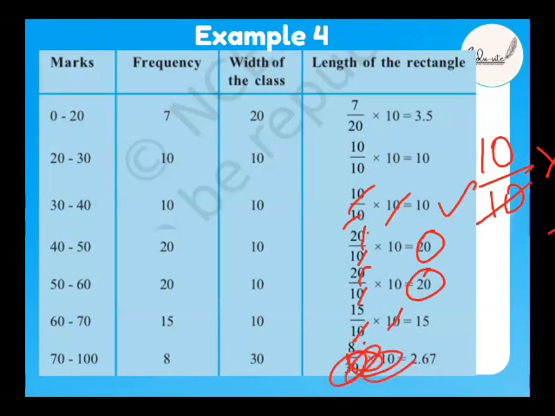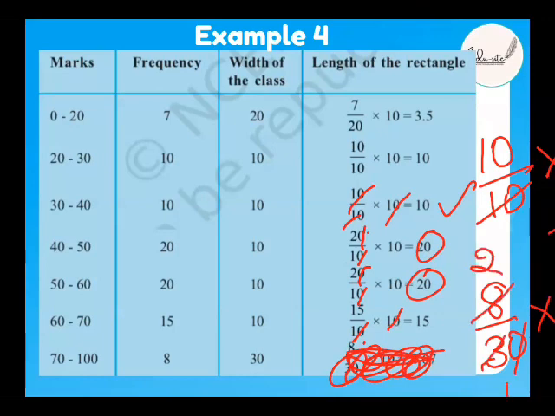Next solve this. 8/30 into 10. Laiba, what is the answer? How will you solve it? You'll cancel out the 0s, right? What is 8/3? 3 1 times. 3, 2 times is 6. What is remaining? It's 3, beta. 3 2 times is 6, 7, 8. 2 remaining. 1 0 you'll add up.